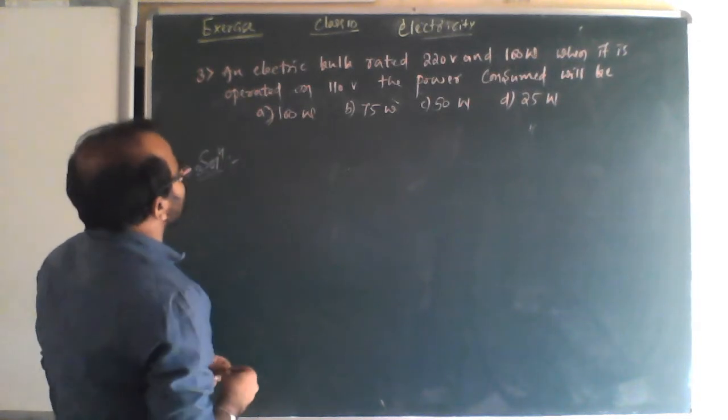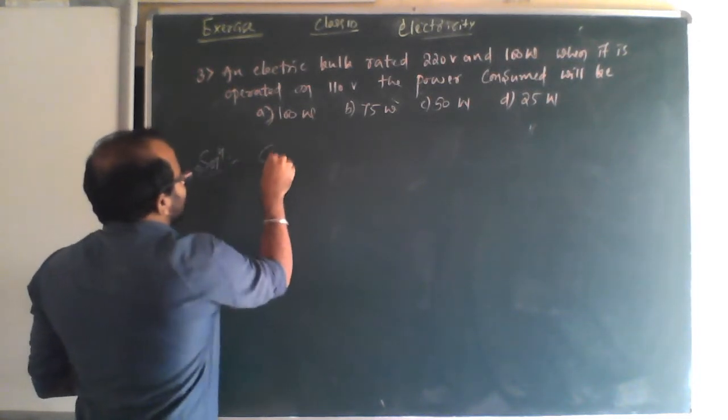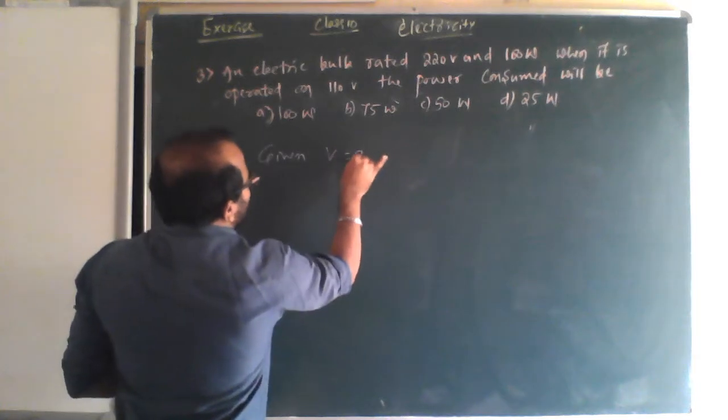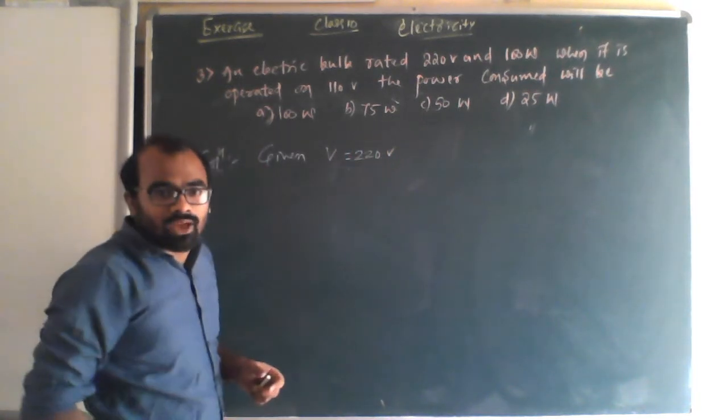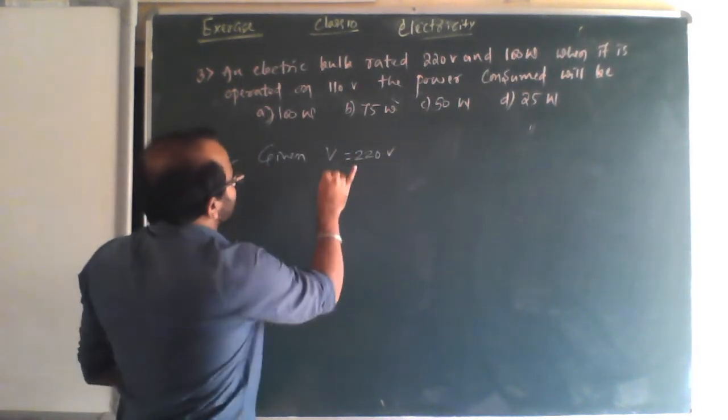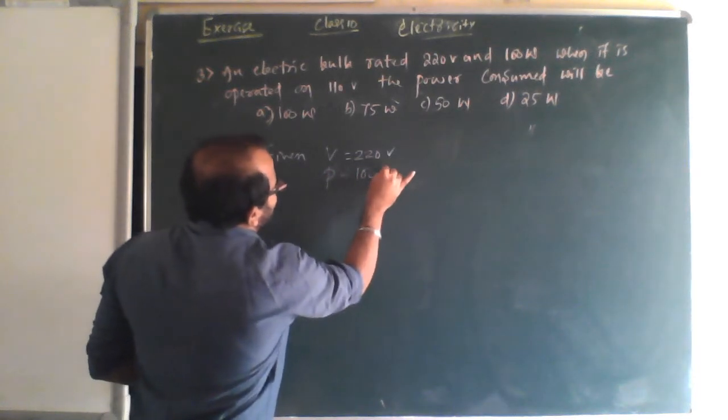So that is what is given here. V equal to 220 volt they have given. Then power they have given, P equal to 100 watt.